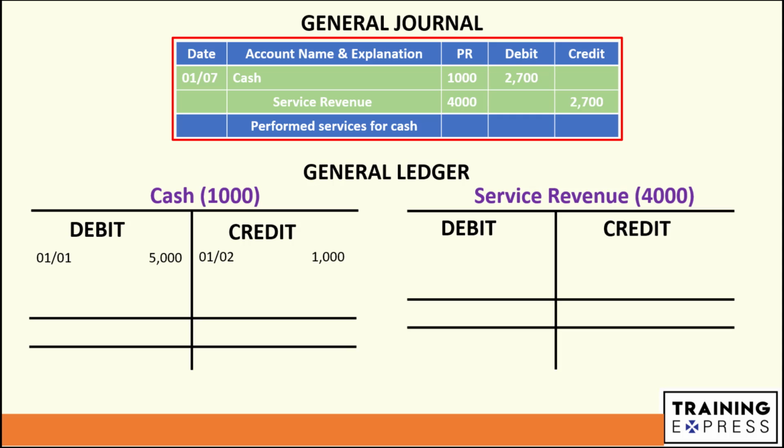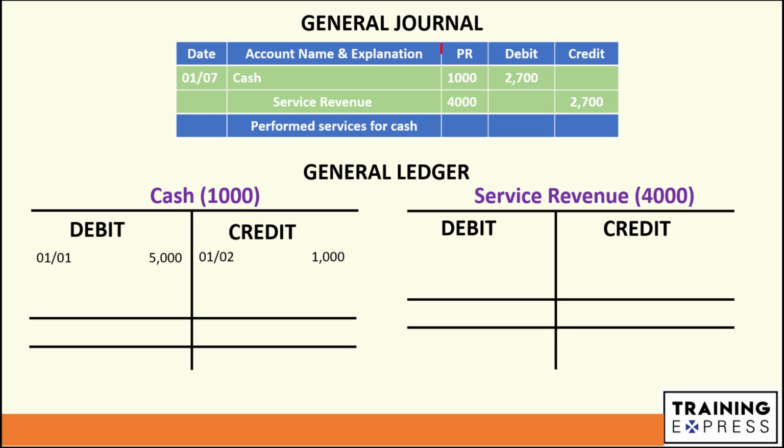Now let's look at our next transaction. Look at the journal entry. Cash debit $2,700 and service revenue credit $2,700. Please check the posting reference column. The account number for cash is 1000 and the account number for service revenue is 4000. Now let's try to link journal and ledger together.